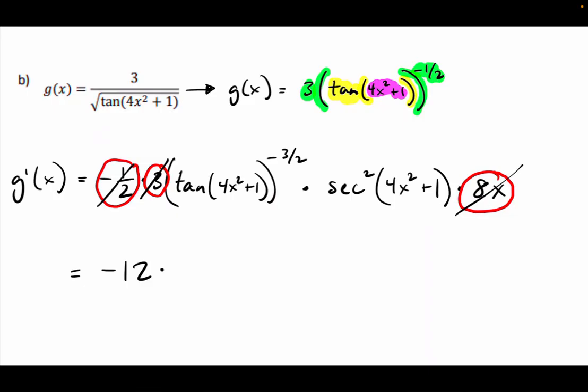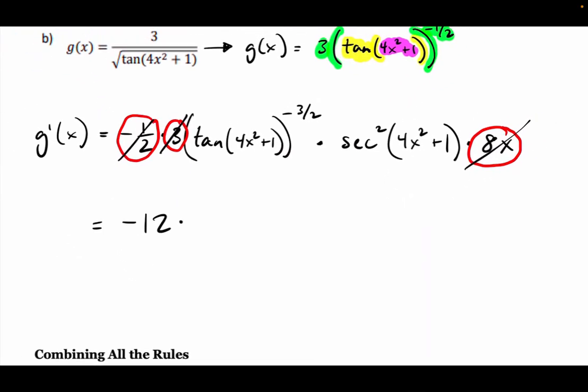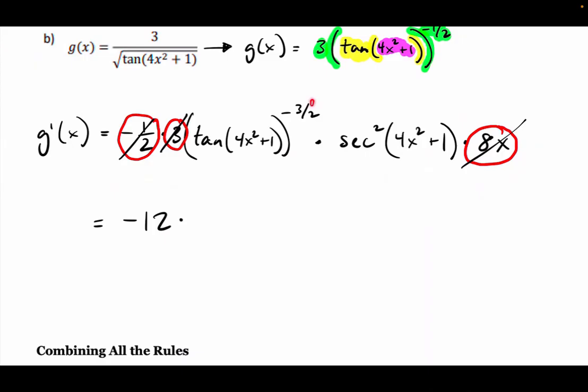And then I'm going to start to give it back some of its powers. I can see that the tangent has a negative 1/2 or negative 3/2 with it, so that means it's going to go down to the bottom. Secant squared doesn't, so secant squared is going to stay on top.